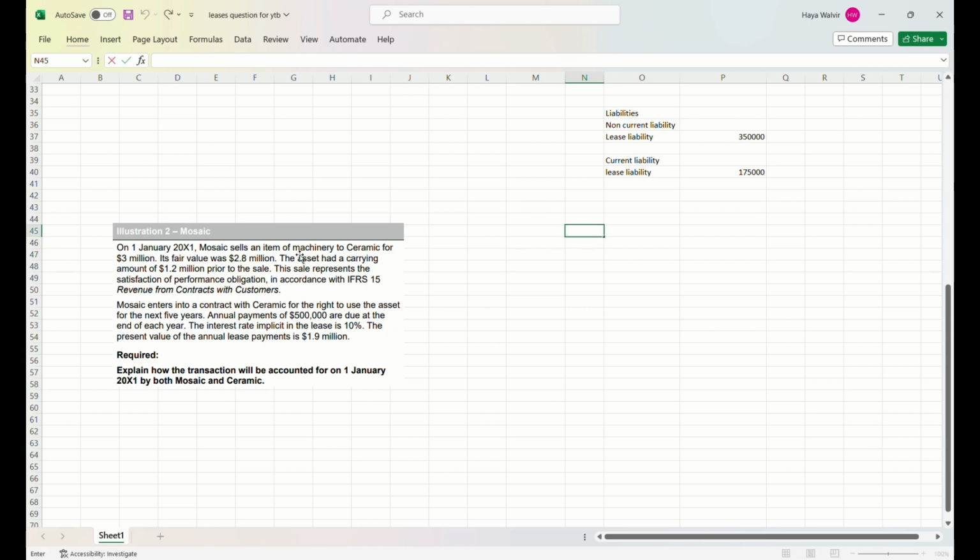So let's start. First of all, 3 million is the sale proceeds. Fair value was 2.8 million. So clearly we have sold it for something extra, right? It's a profit for us, or what do we call this?